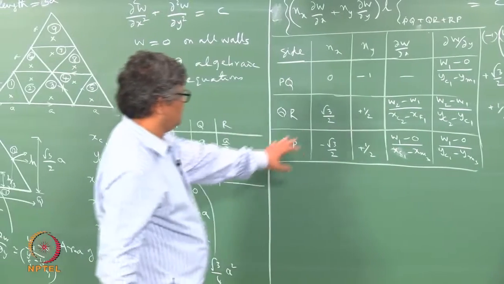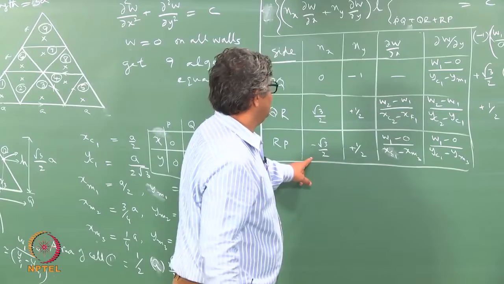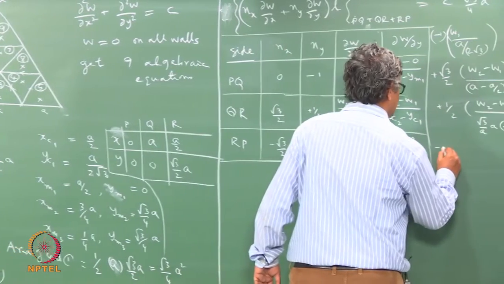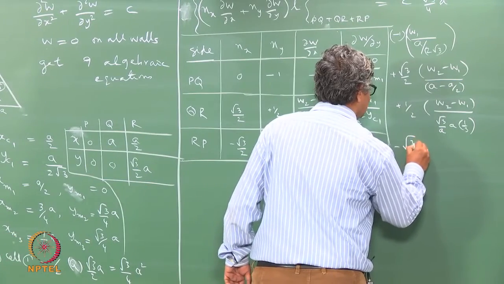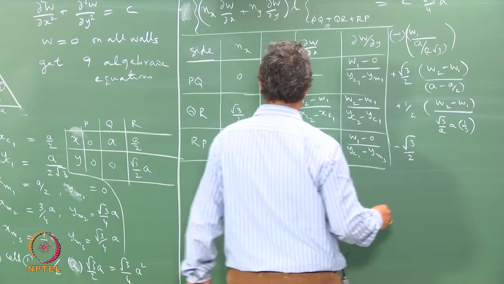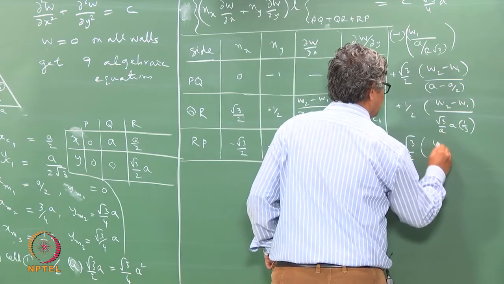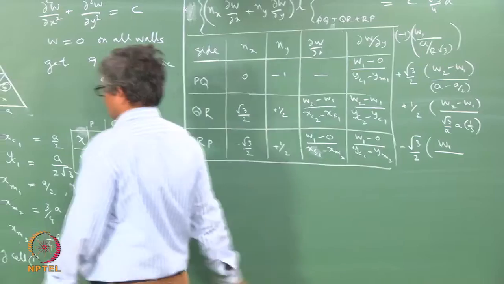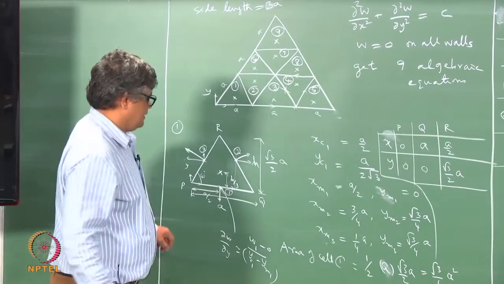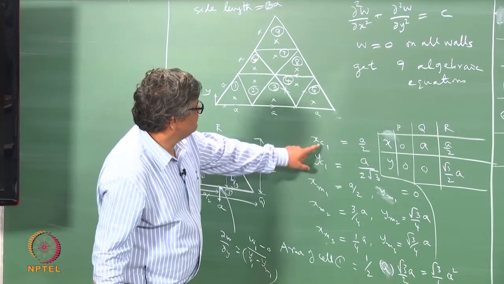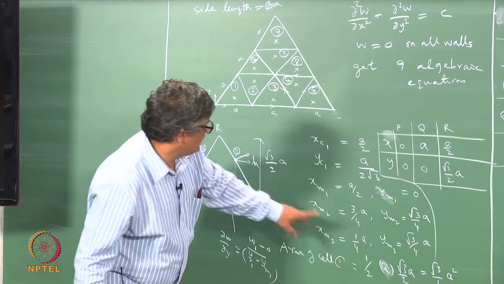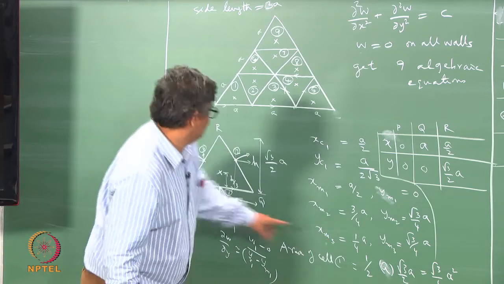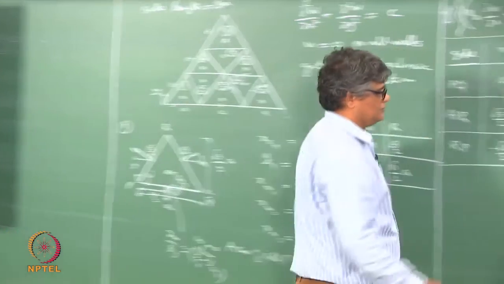Okay, so this is what we have from this, and here we have minus square root of 3 by 2 times w1 divided by xc1 minus xm3. xc1 is a by 2 and xm3 is a by 4. So, the difference is a by 4.